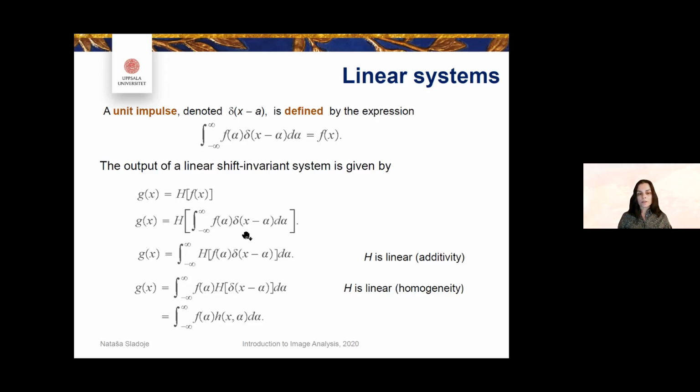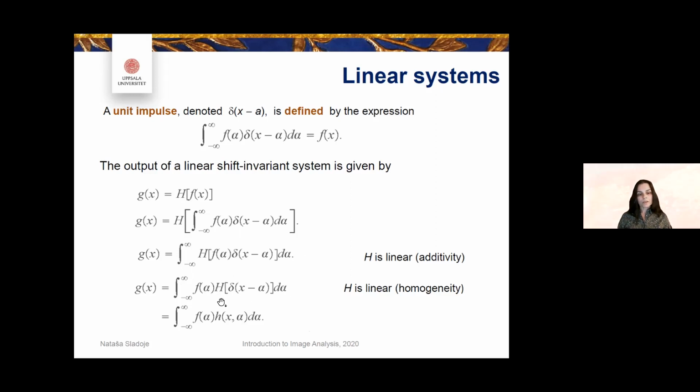Now we will apply, in two steps, the assumption that H is linear, which means that it can commute with integration, which is essentially summation, and that it can also commute with multiplication by a constant, because this term here, the function value f at a certain point, is constant. So we come to this expression due to linearity of the function h.